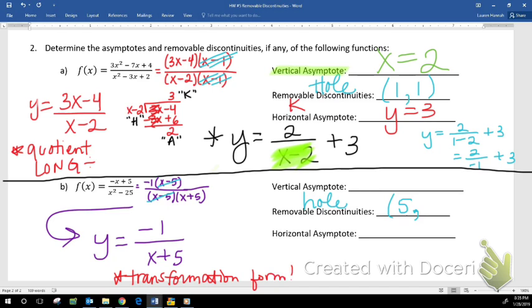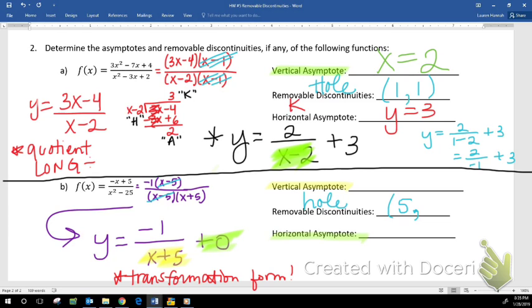Right away I know the asymptotes. If it's going to help you to write a little +0 off to the side here, go for it. Because this gives us the vertical asymptote, the x value, and then the k value over here is what gives us the horizontal asymptote.